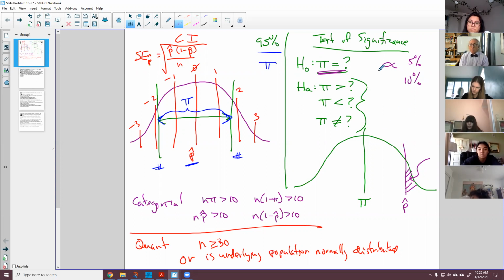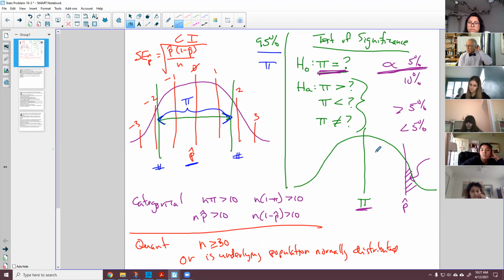If it's 5%, which is pretty typical, I'm trying to find out, given that I have a hypothesis of pi, is my p hat a greater than 5% probability, or a less than 5% probability? That's going to tell me whether or not I can reject the null hypothesis.